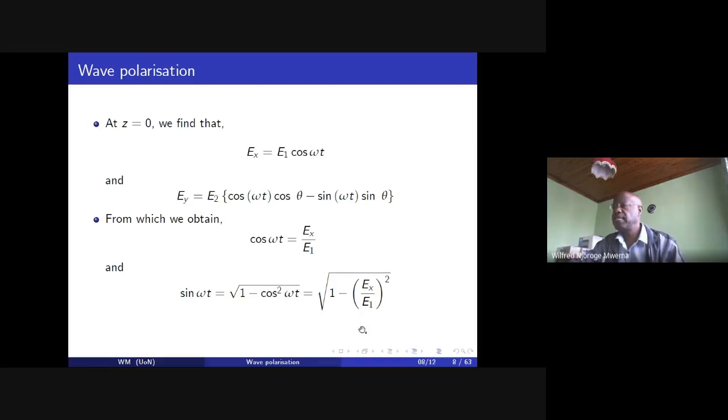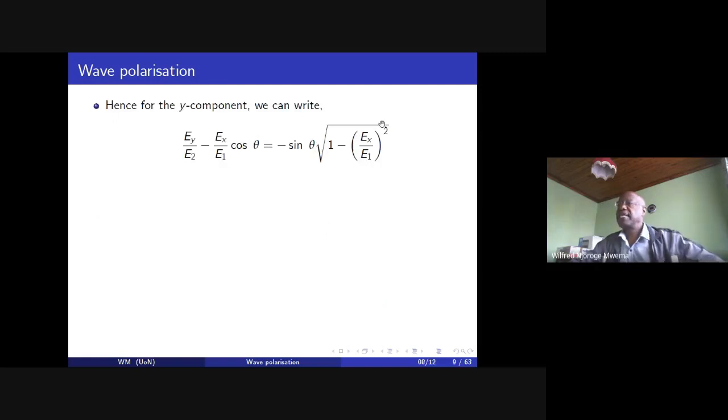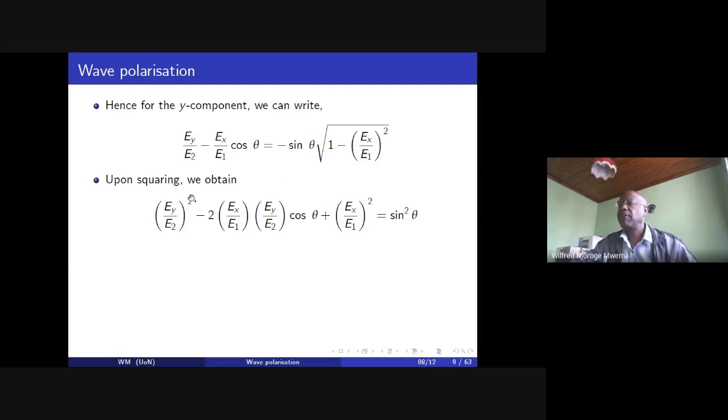And therefore, we are going to use this in the expression for Ey, and we see that Ey by E2 minus Ex by E1 multiplied by the cosine of theta must be equal to minus sine theta multiplied by the square root of 1 minus Ex by E1 all squared, which is sine omega t, so to speak. And this doesn't look very nice, so to remove the square roots, all we need to do is square both sides of the equation, and we get the following.